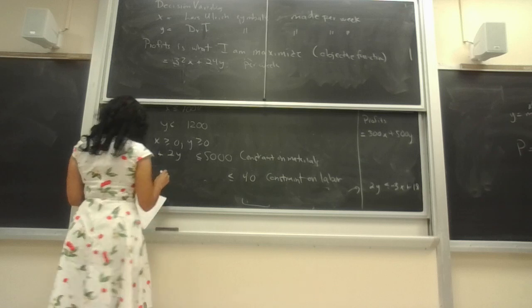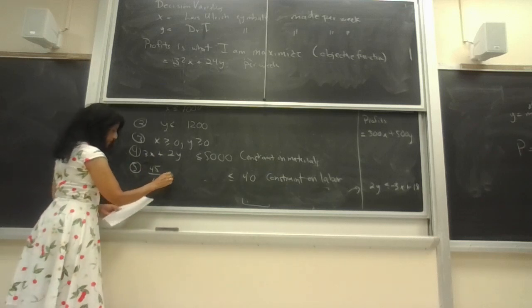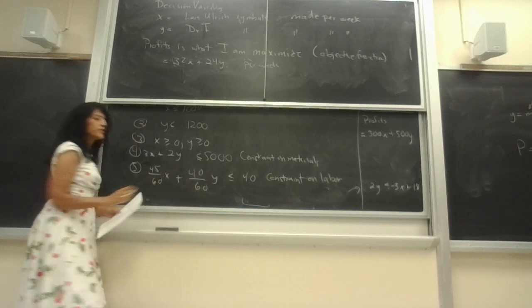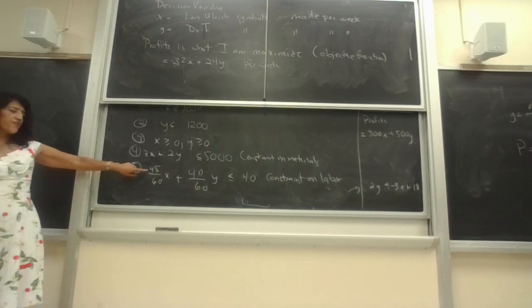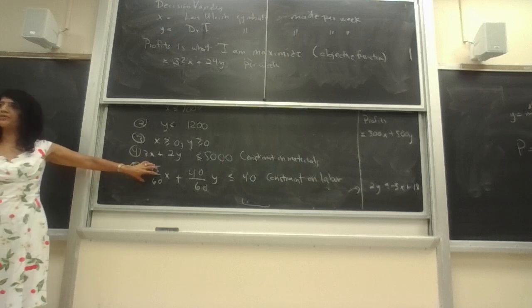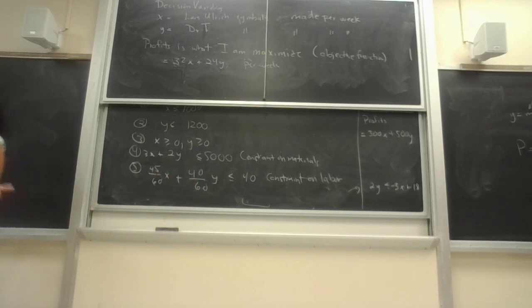They gave me these as minutes, so I had to normalize them to hours. 45 minutes over 60 minutes per hour. This is like the percent of an hour that you have with 45 minutes. 40 minutes, divide by 60, you get it now constrained to an hour.